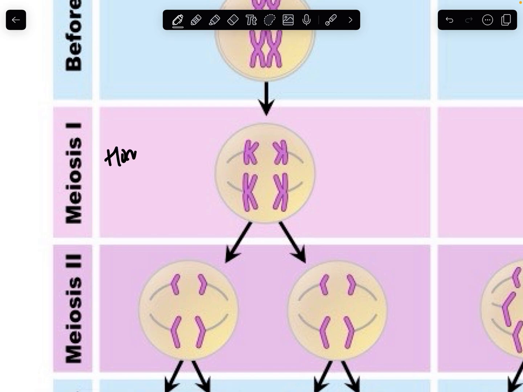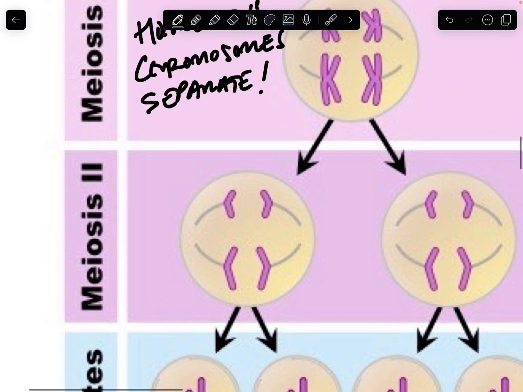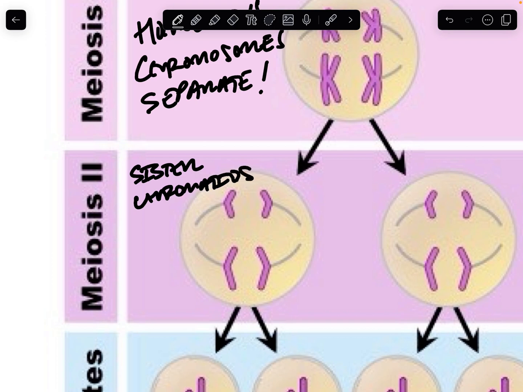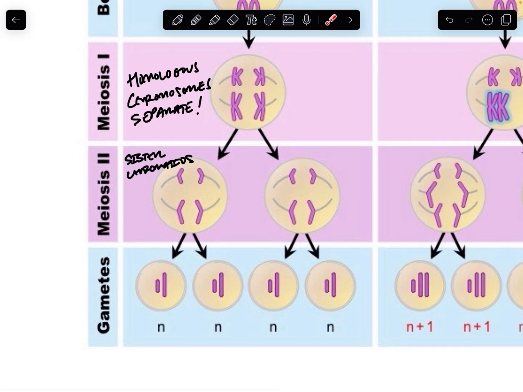We should write that down. And then in meiosis 2, sister chromatids separate. Remember, sister chromatids are the result of DNA replication, so every sister chromatid is a clone of the other sister chromatids.